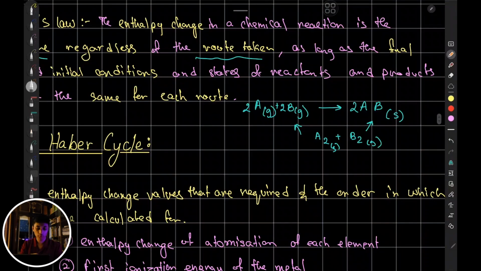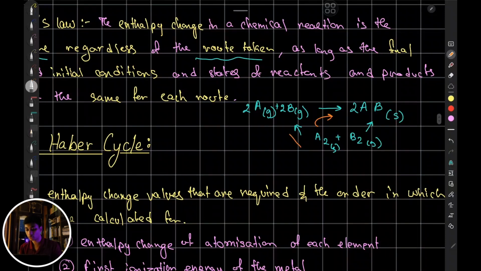In part 1, this is the indirect route, and in this arrow, you're turning the molecules A2 and B2 into separate atoms, atom A and atom B, meaning 2 atoms of A and 2 atoms of B. So you're atomizing the molecules of A and B. This is the first step.